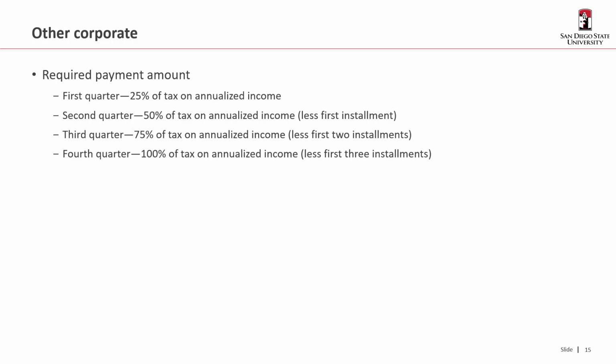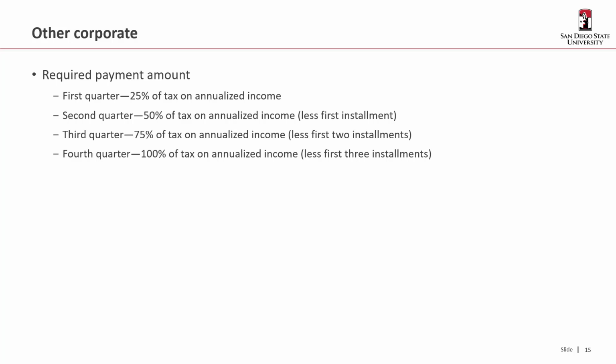That's very different than taking 3 months worth of income and multiplying it by the tax rate. So of course, with each payment, the subsequent quarter's payment reflects what the annualized tax would be minus what you've already paid. So in each instance, except for the first quarter's payment, you deduct payments you have already made.